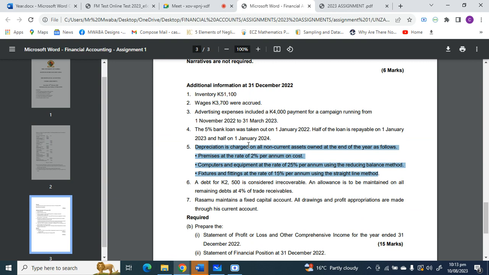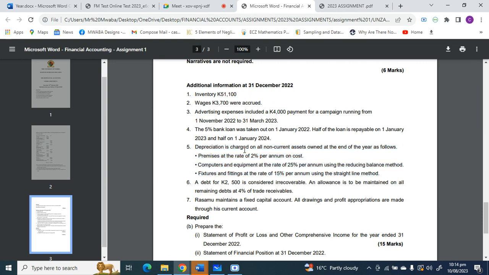Depreciation is charged on all non-current assets owned at the end of the year as follows. Premises at the rate of 2% per annum on cost. Computers and equipment at the rate of 25% per annum using the reducing balance method. Fixtures and fittings at the rate of 15% per annum using the straight line method.